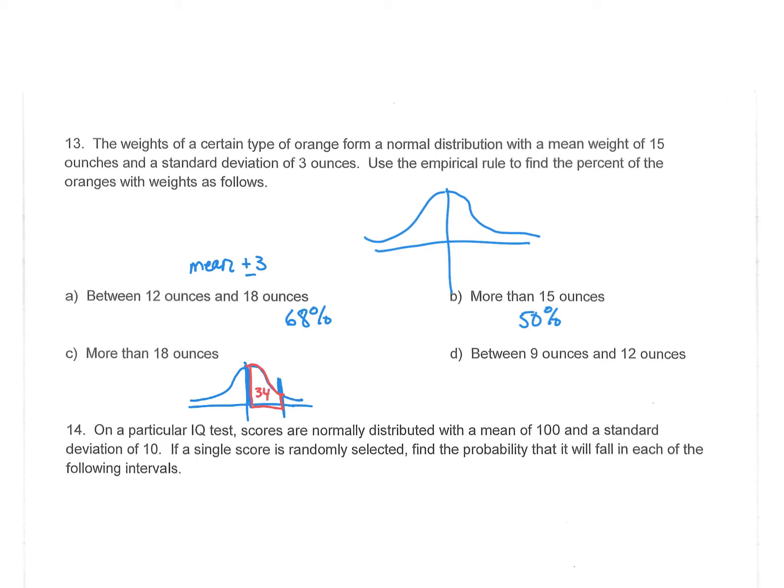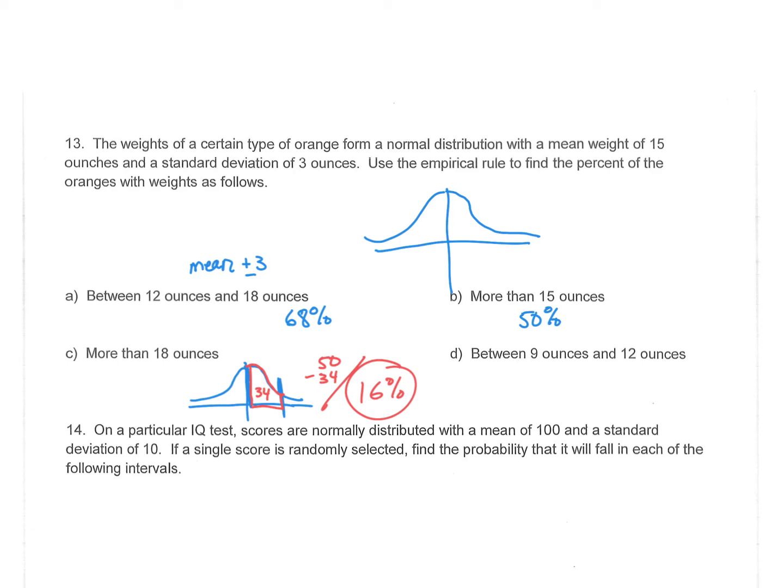So the whole area is 50%. So 50% minus 34% is going to be 16%. So 16% would be more than 18 ounces.